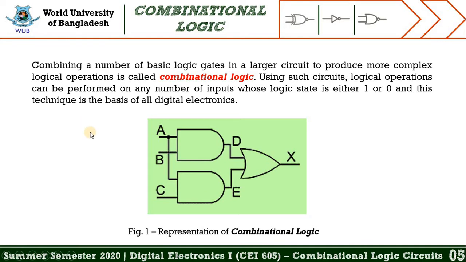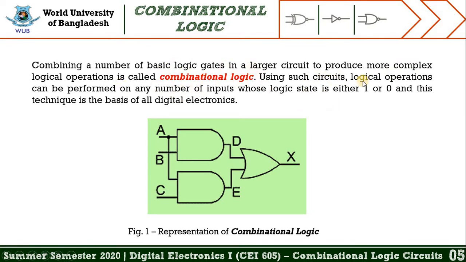Now, from this slide, we may learn the overview of combinational logic. Combining a number of basic logic gates in a larger circuit to produce more complex logical operations is called combinational logic.